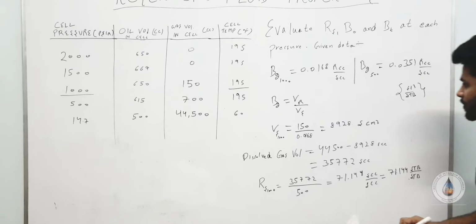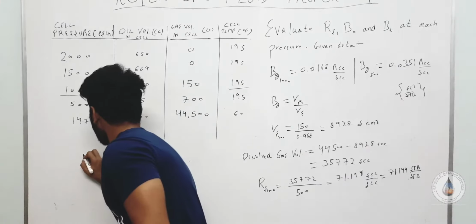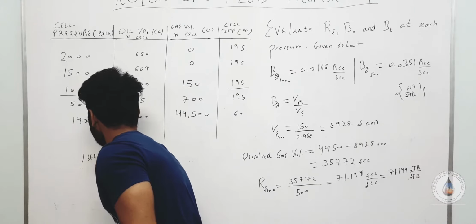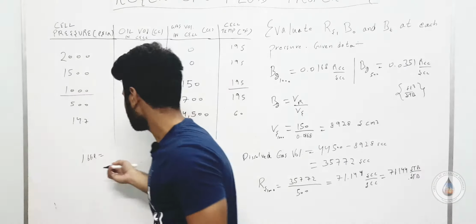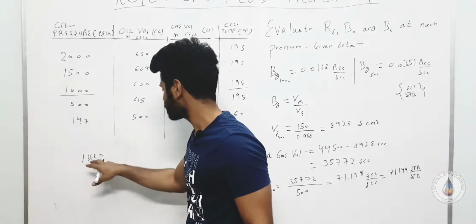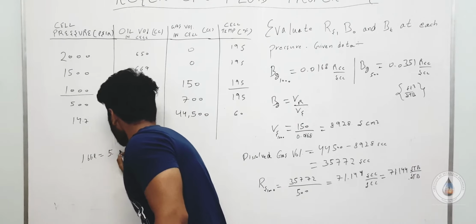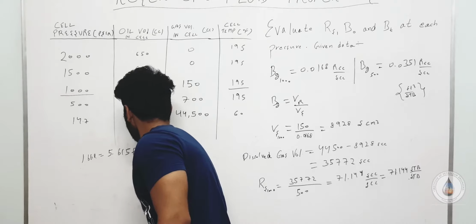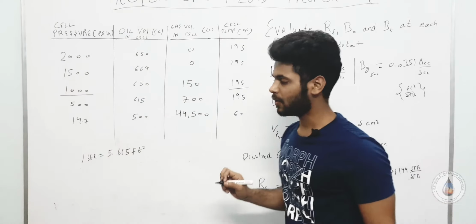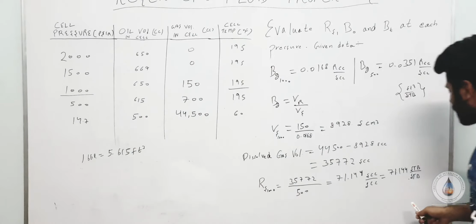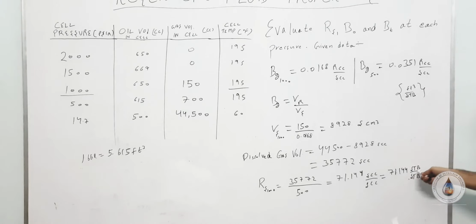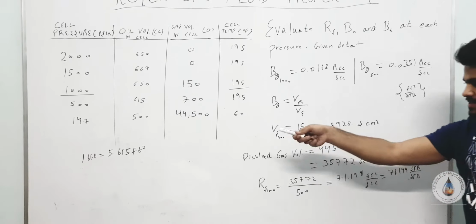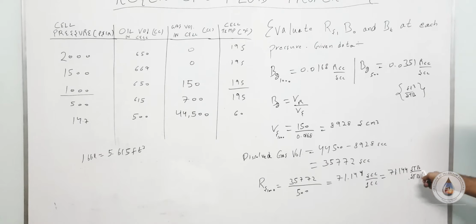Now we know that one barrel, or one stock tank barrel, which is basically barrel at surface condition, is equal to 5.615 feet cube. Okay, so here I have been given 71.144 STB upon STB. Now to get my units on the upper part in SCF, I'll simply multiply.